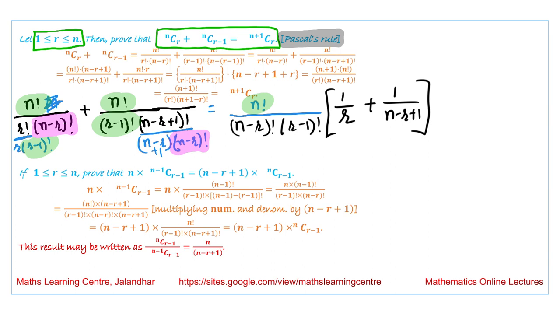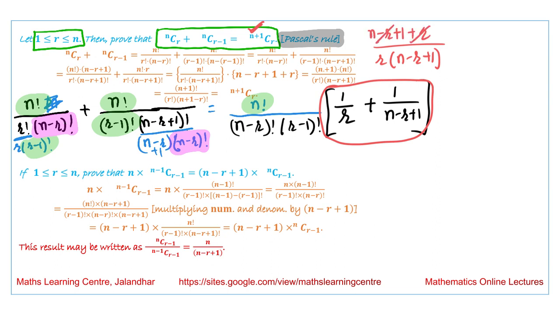Now we want the answer in the form n plus 1 C r. So to make this term n plus 1, if we solve this, the LCM will be r into (n minus r plus 1). In the numerator we will have (n minus r plus 1) plus r.